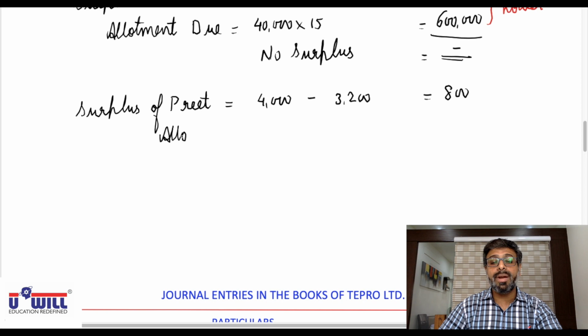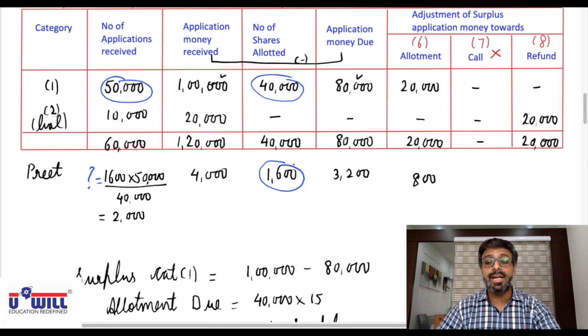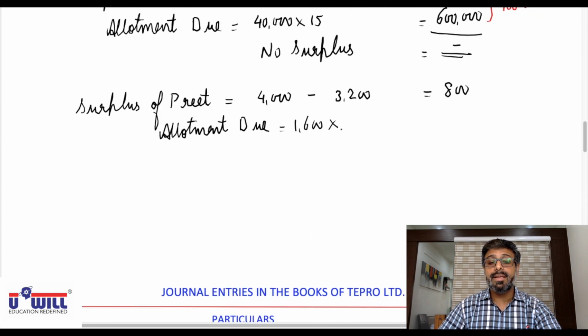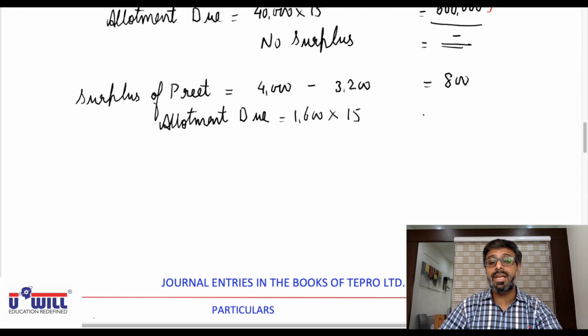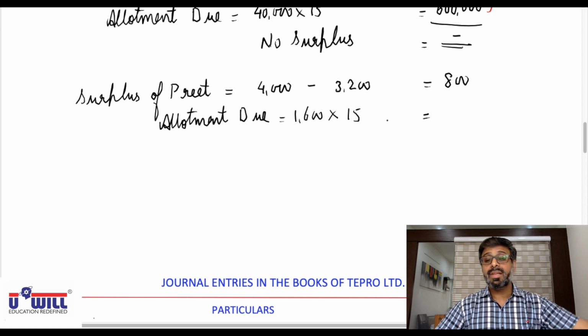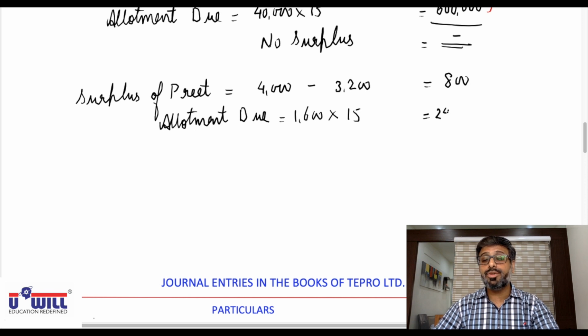Now what is allotment money due from Preet? He is allotted 1600 shares, 15 rupees of allotment money. So 1600 into 15, is it 24,000? Yes. So 24,000 is due. 800 gets adjusted.